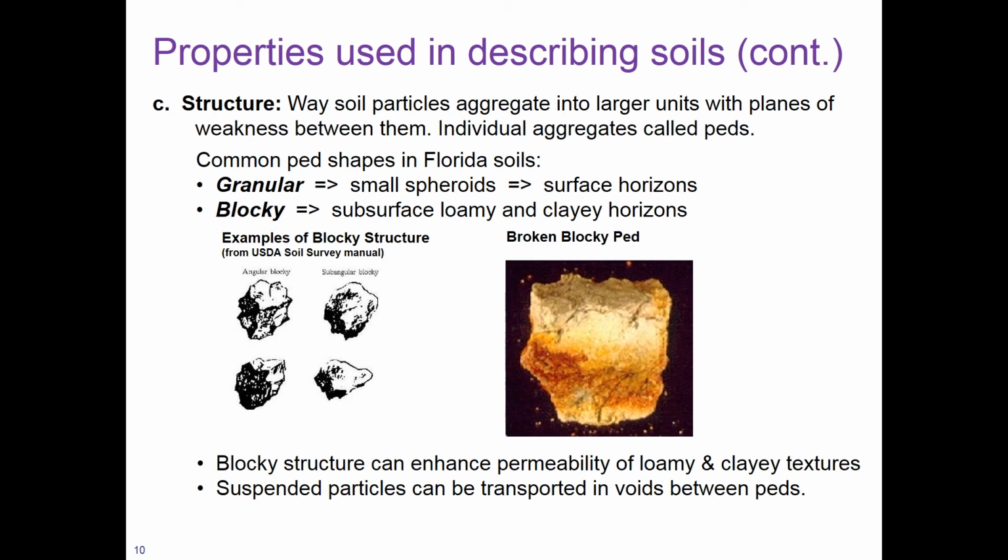This was a ped that was broken, and you can see that the interior has a gradation in color from red to gray, which relates to the redistribution of iron. And this shows that structure is kind of an architecture in soil. Soils are not isotropic media.